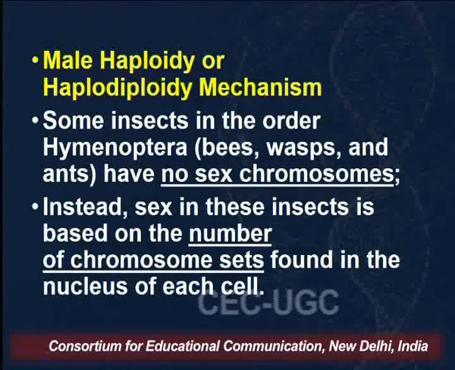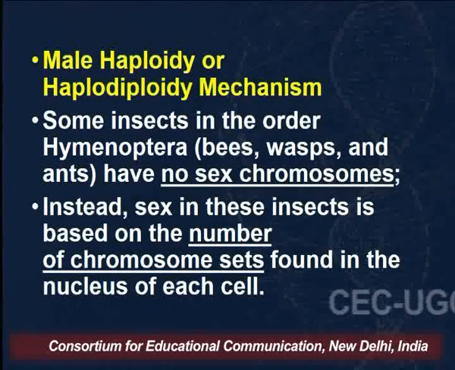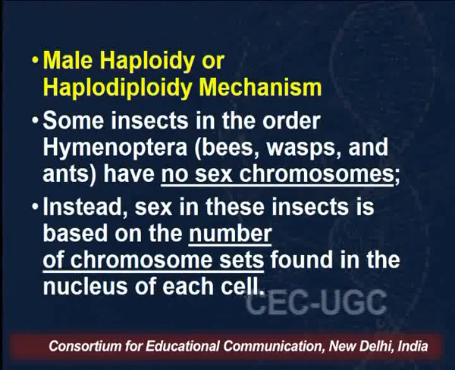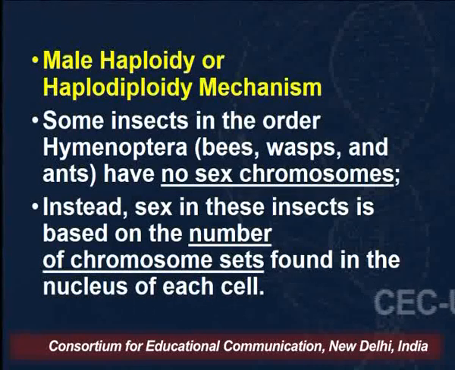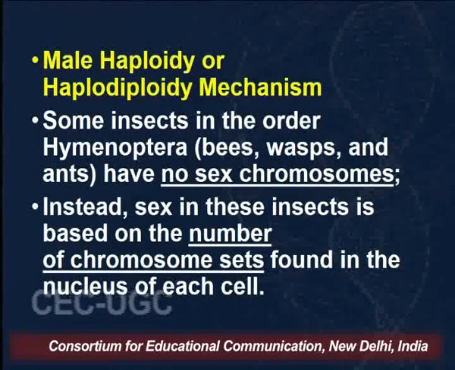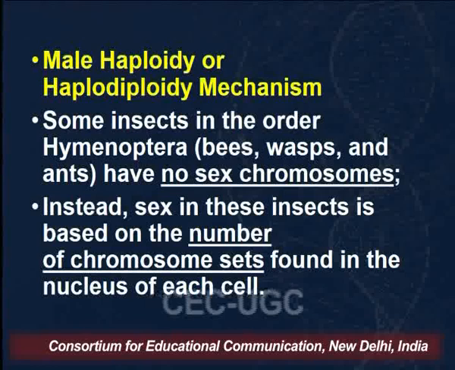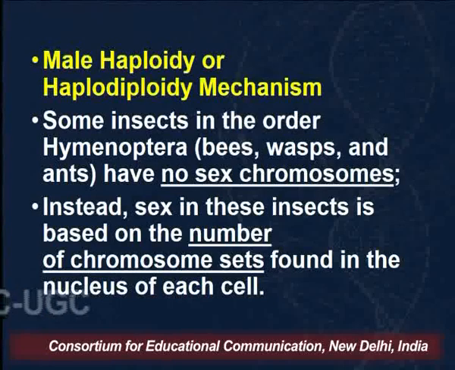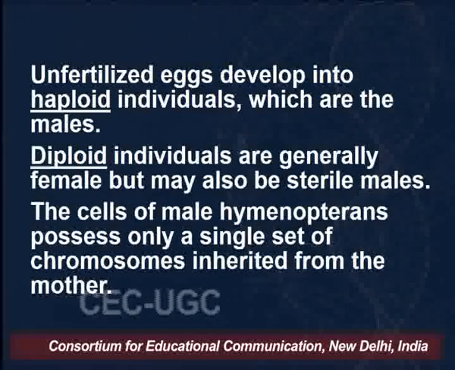In this case, we find that the sex in these insects is not based on sex chromosomes, but it is based on the number of chromosome sets which are present. That means the question here is whether an organism is haploid or diploid. So it is very rightly called male haploidy or haplodiploidy.